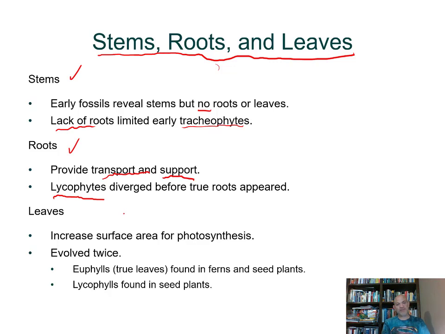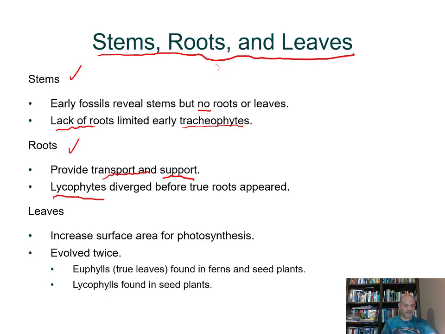So the Lycophytes, the club mosses, evolved their own roots independent of the other vascular plants. Okay, so the Lycophytes, the ferns, the Spermatophytes, the seed ones that we're going to study later, evolved their roots from a common ancestor. The Lycophytes evolved it from another ancestor. They are two independent events. They evolved the same type of structure independently of each other.